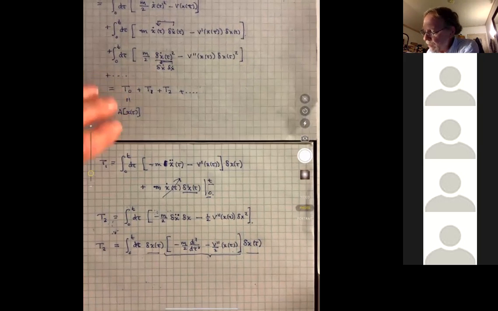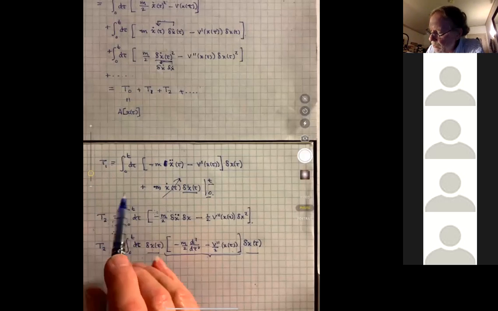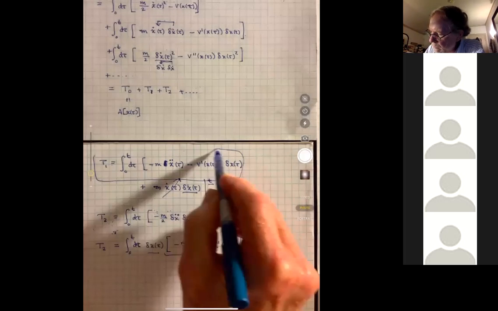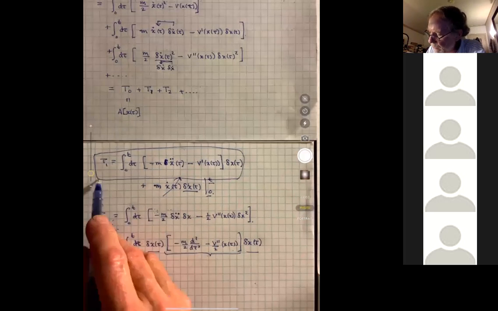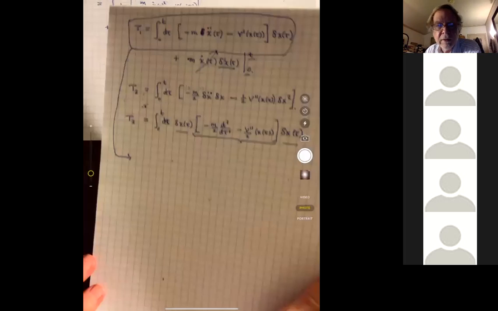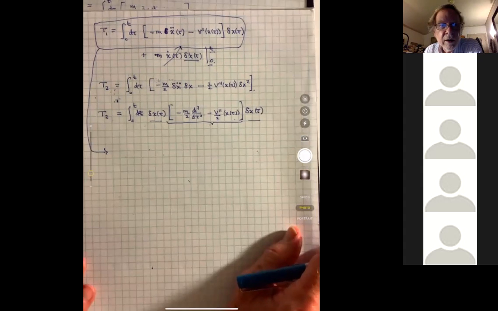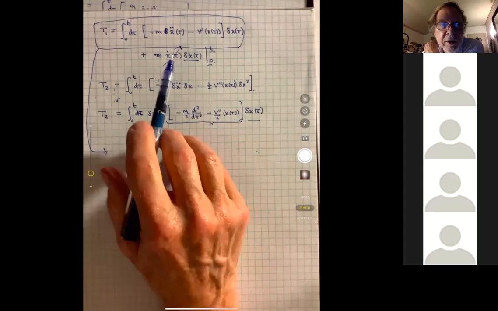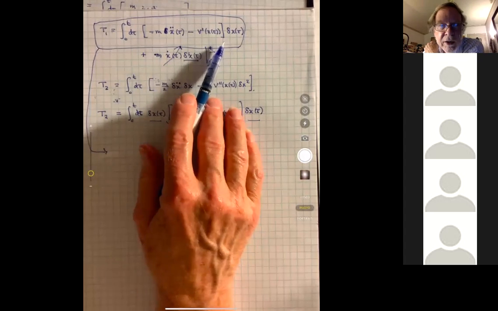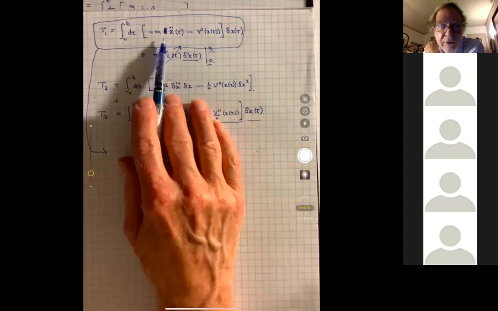In any case, right now, let's concentrate on T1. Let me box it here. We'll put T2 on hold, we'll come back to it later. Let me bring T1 down here so we can look at it better. One of the things you may notice is that the quantity in the square bracket vanishes if Newton's laws are satisfied, because that would be ma, this is minus ma.